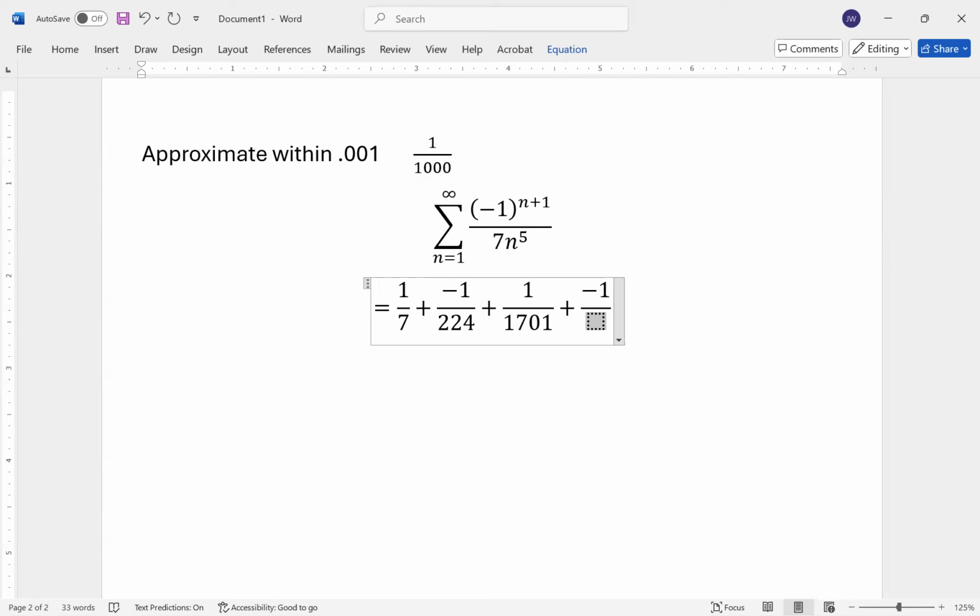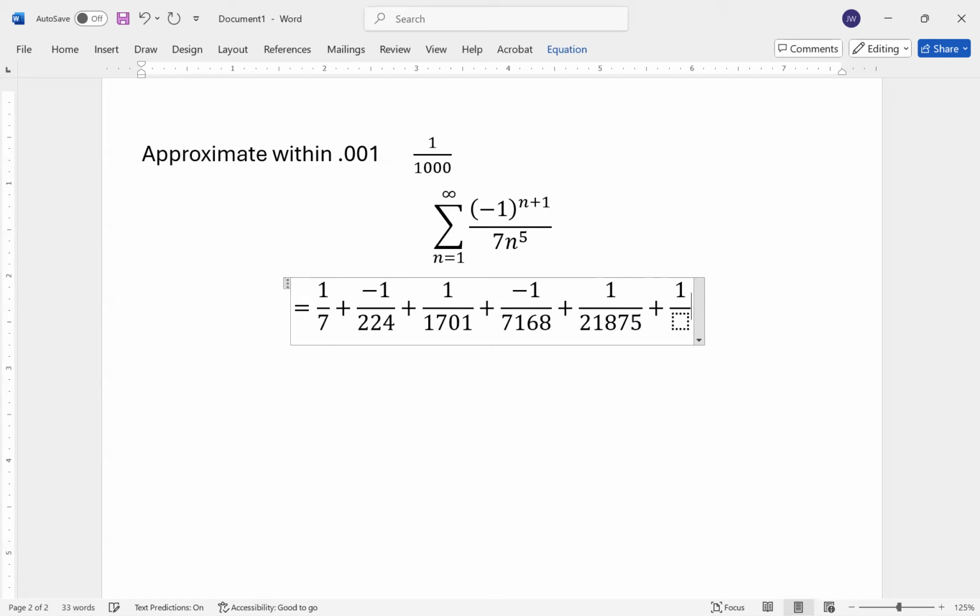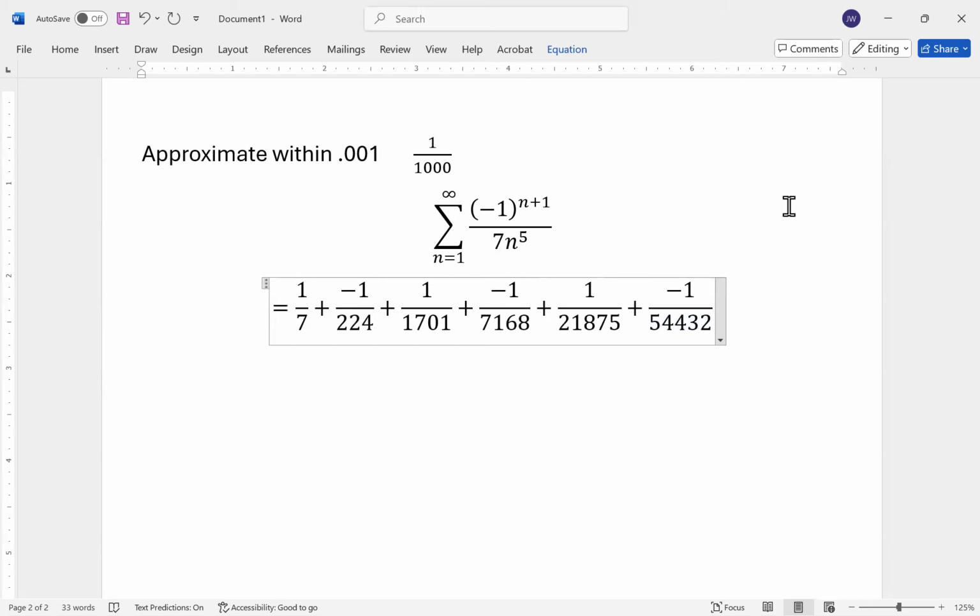When I plug in a 4, I get 7,168 in the denominator, and a -1 in the numerator. When I plug in 5, I get a +1 in the numerator and 21,875 in the denominator. When I plug in 6, I get -1 in the numerator and 54,432 in the denominator.